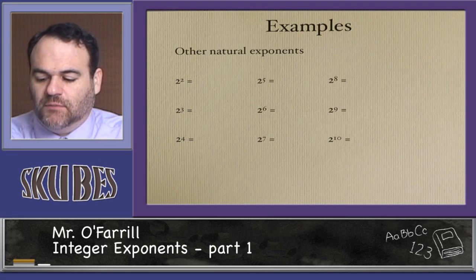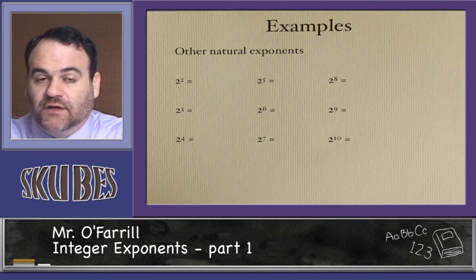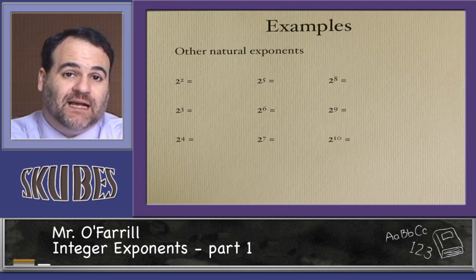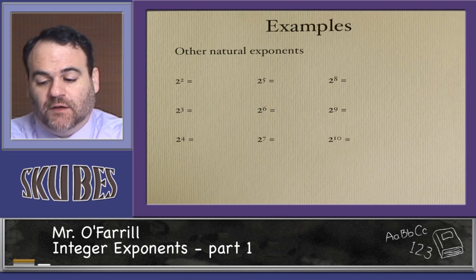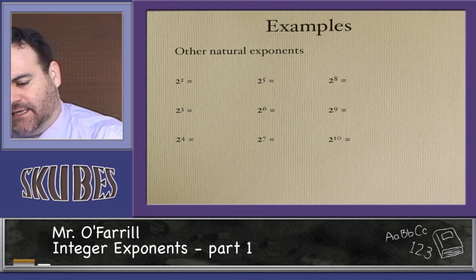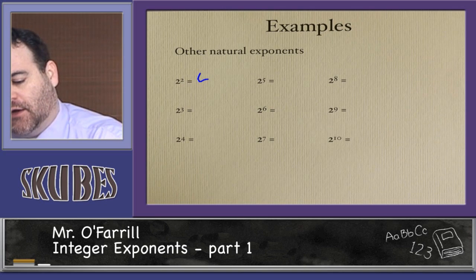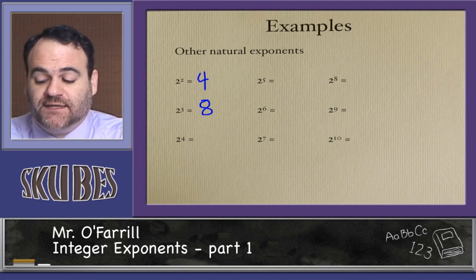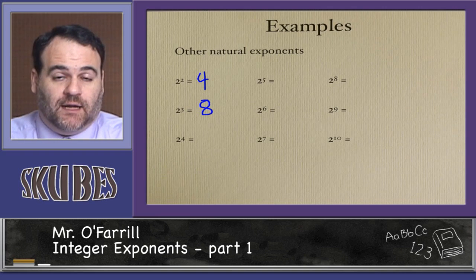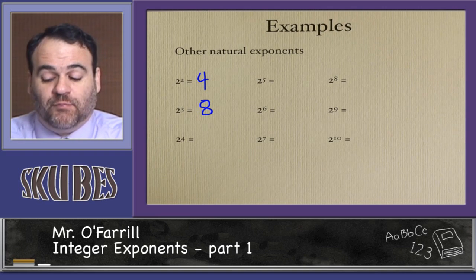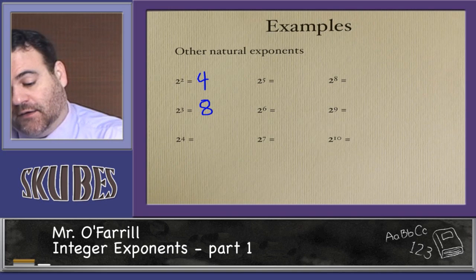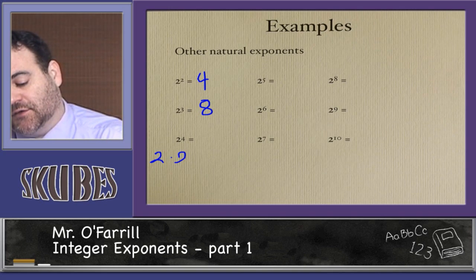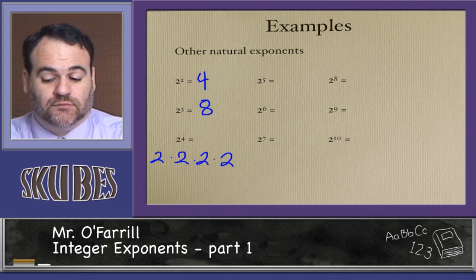But let's take a look at some other exponents. And you'll notice on this page, I kept the base as 2 for all of them. But 2 squared, we already said, is 4. And we already said that 2 cubed is 8. So if we want to raise it to another exponent, 2 to the 4th power is going to be 2 times 2 times 2 times 2.